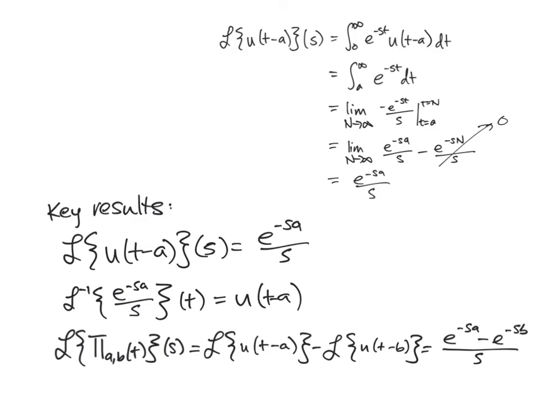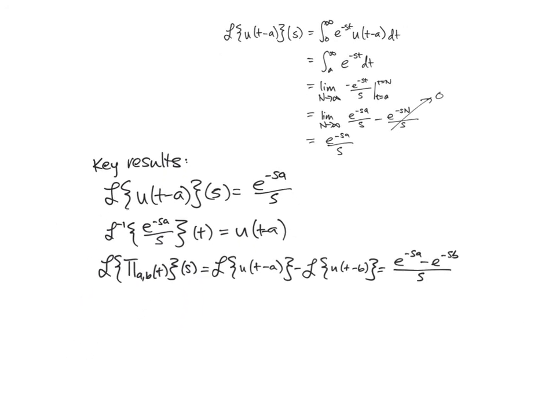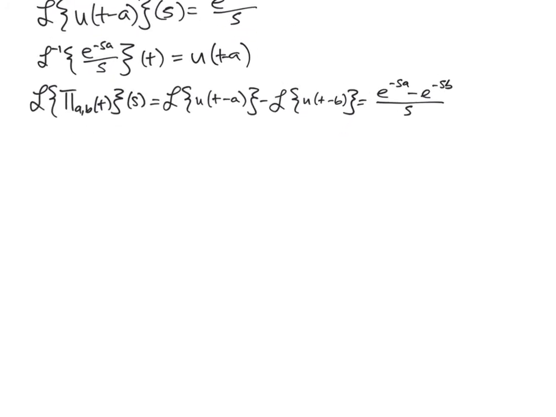Okay, now we're going to do one last thing, and that's a theorem that talks about what the Laplace transform of a function multiplied by a unit step function looks like. Let's let big F be the Laplace transform of little f.